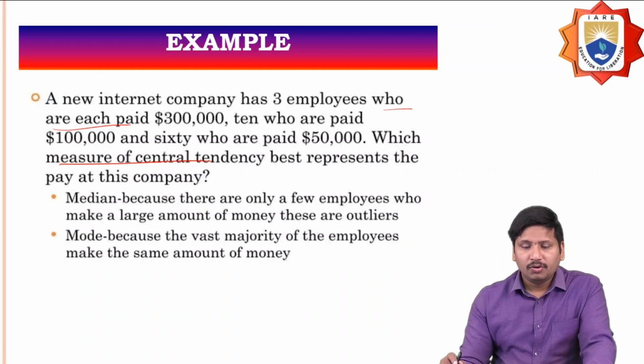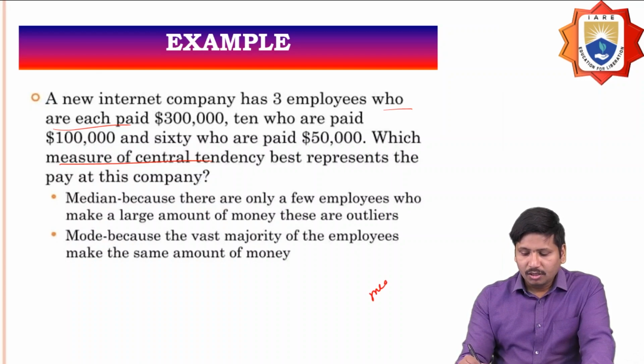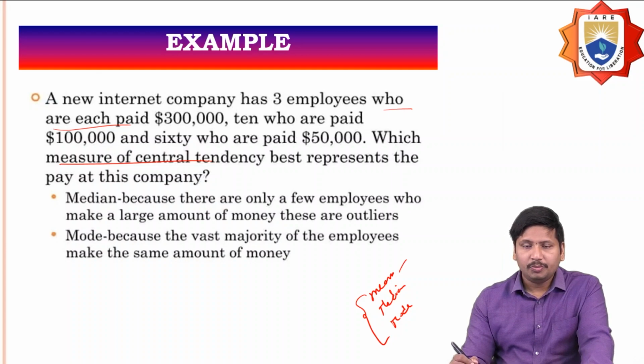Should I calculate the mean, median or mode? These are the three measures of central tendency. Based on the question being asked, you have to calculate whether mean, mode or median, whatever we decide here.